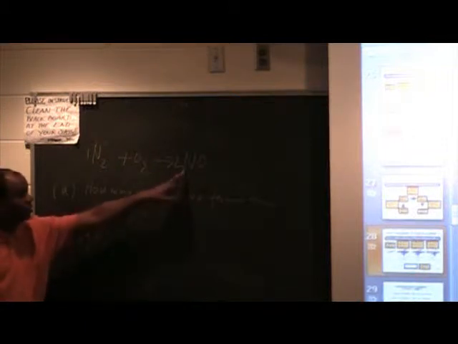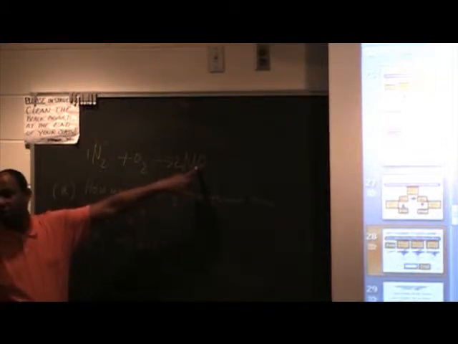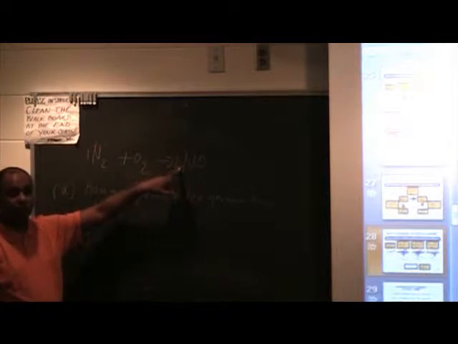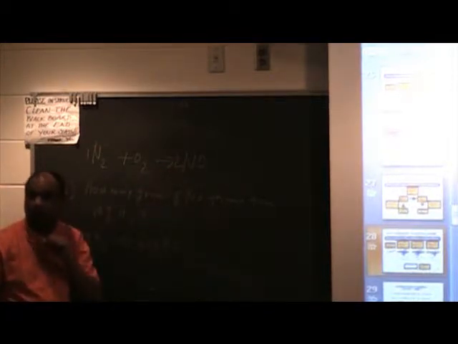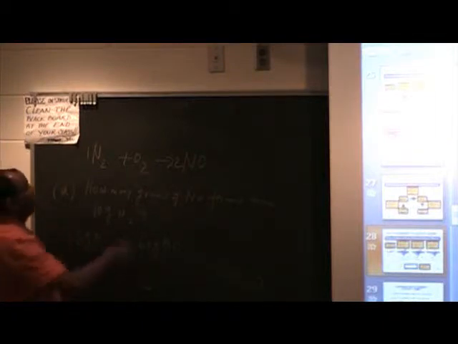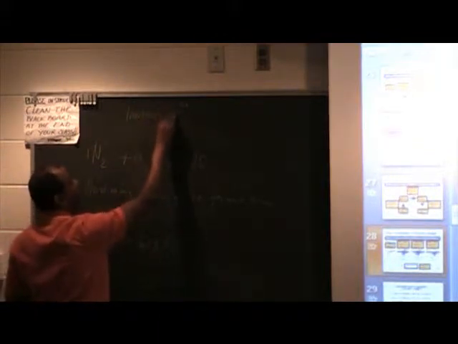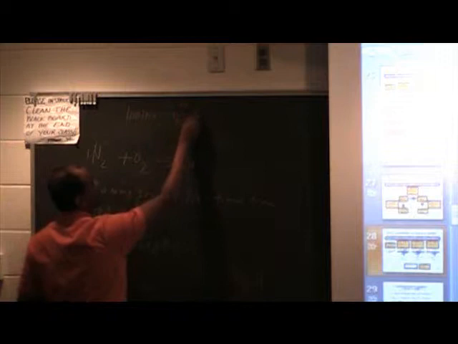How did you get 60? 14 is for nitrogen, 16 is for oxygen. If you add this up, it gives you 30. I'm not understanding. Okay, one more time, real quick. 1 mole of NO means N is 14 grams and oxygen is 16 grams.